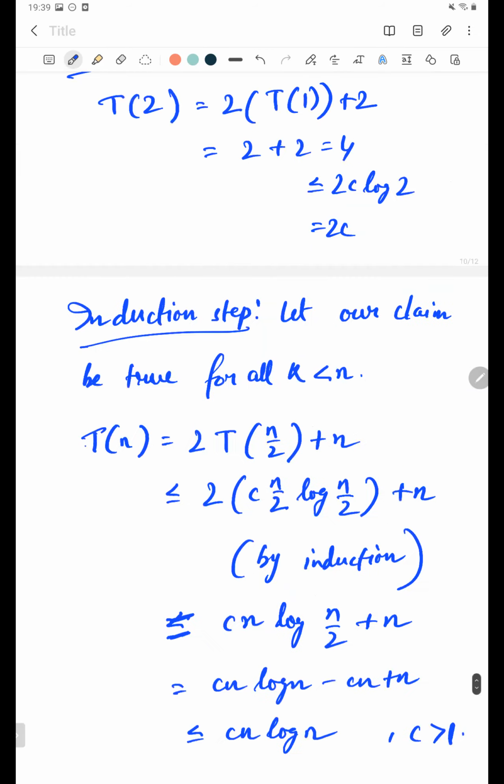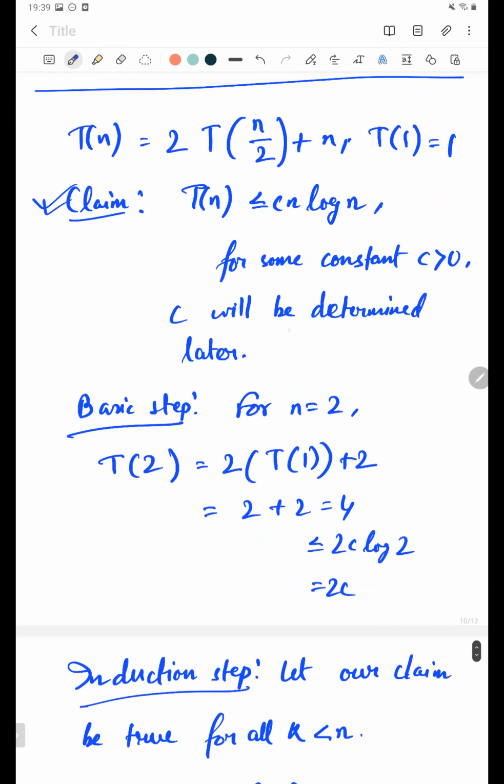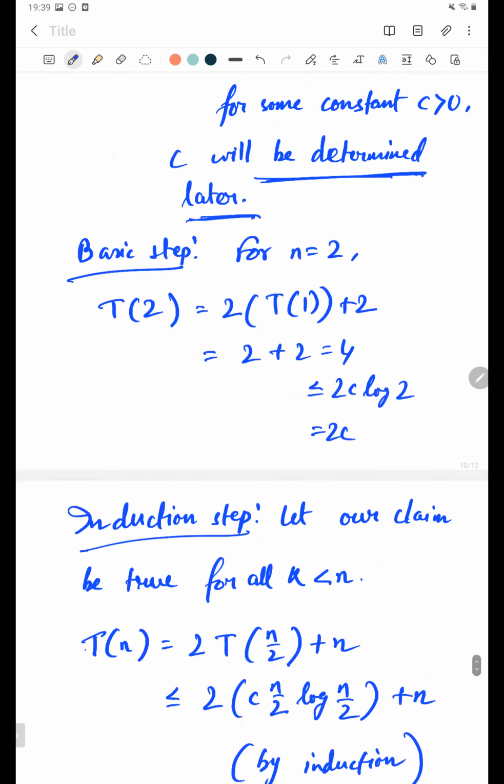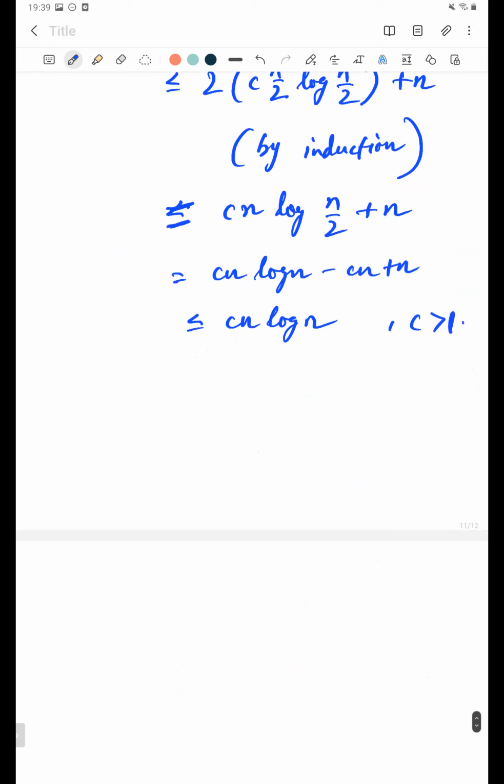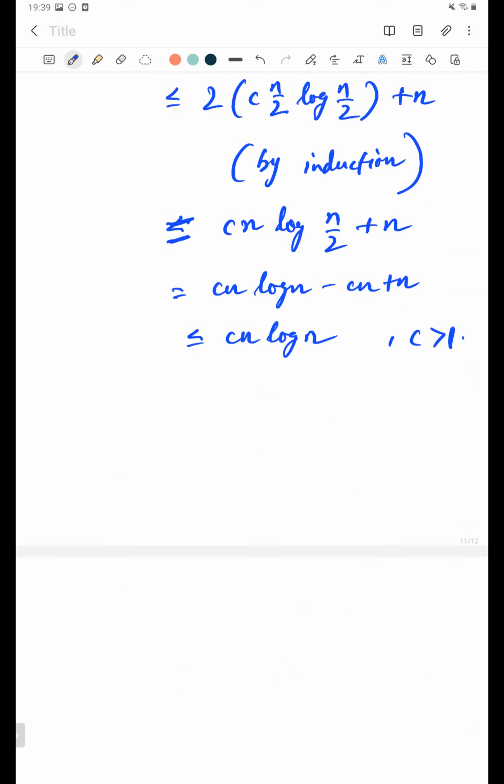We already stated here that C will be determined later. So clearly Tn is less than or equal to Cn log n, where C is greater than 1, and this follows by induction, and hence we have Tn equal to order of n log n.